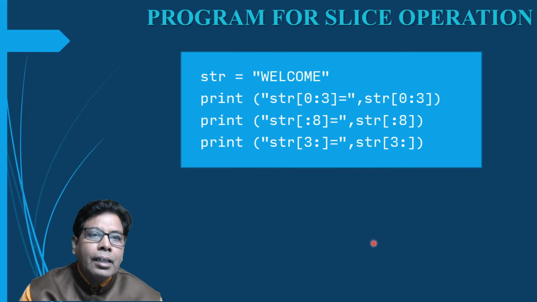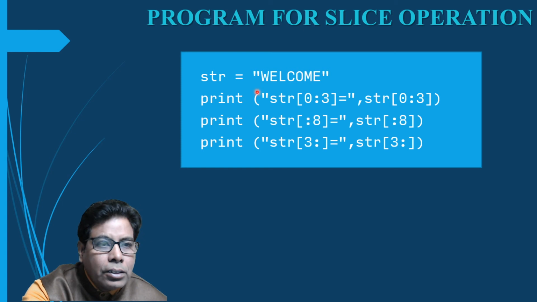Then let us see the example here, program for slice operation. Again we take this string welcome. Now here first we print the slice 0 to 3. Naturally it will take only 0, 1, 2, only 3 characters, so that will be printed.